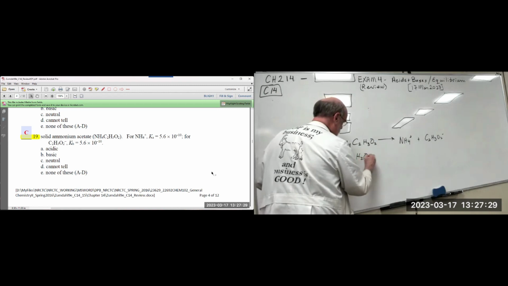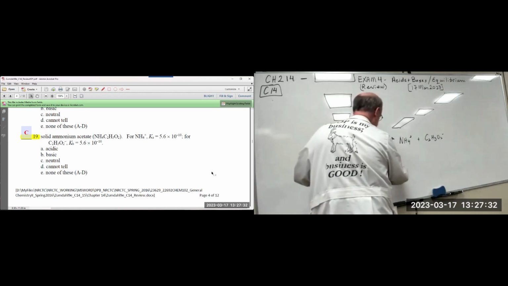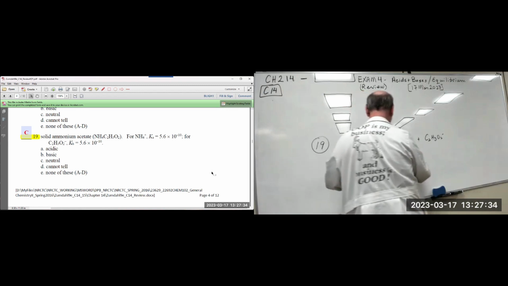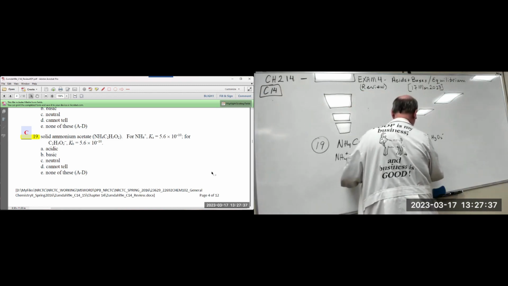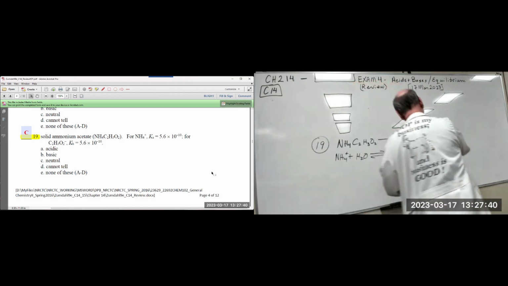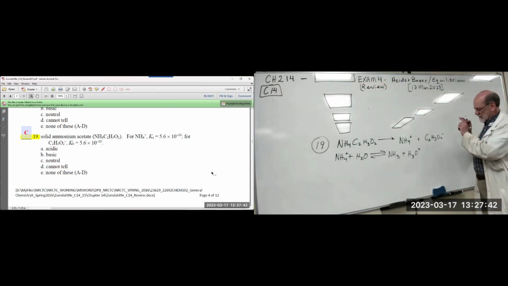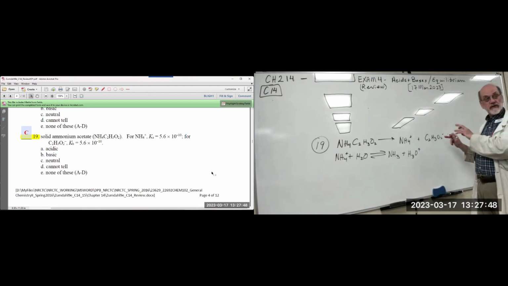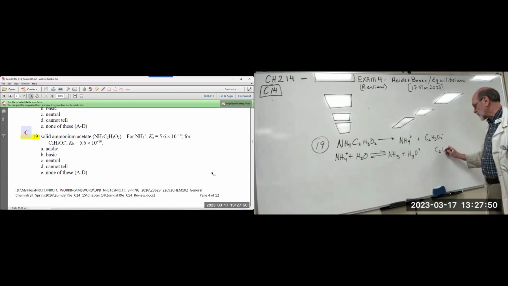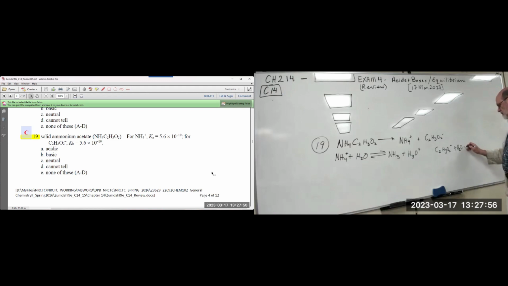Plus water. And it's going to have an equilibrium with this one, the conjugate base, plus the hydronium. Okay. And this one is a conjugate base of a weak acid. So it's going to latch onto some protons from water. So this reaction would be like that, plus water. And this would give you acetic acid plus OH minus.